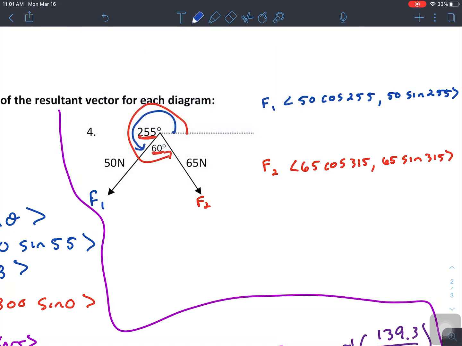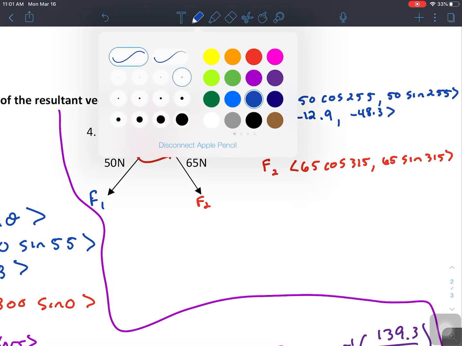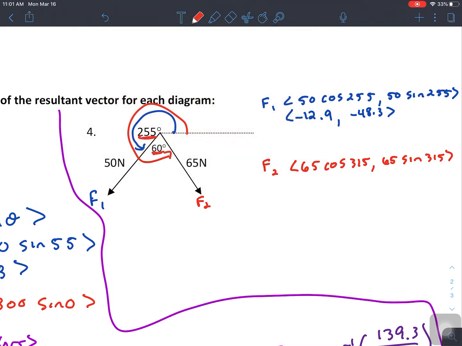All right, so let's go ahead and calculate these. When you take 50 cosine of 255, that's going to give you approximately negative 12.9. And when you do 50 sine of 255, that's going to be negative 48.3. For force 2, 45.96, negative 45.96.